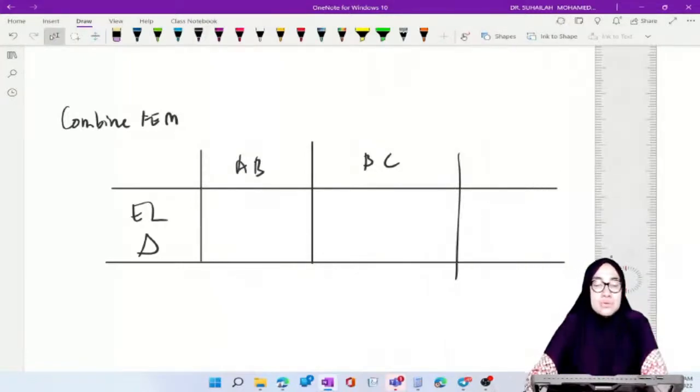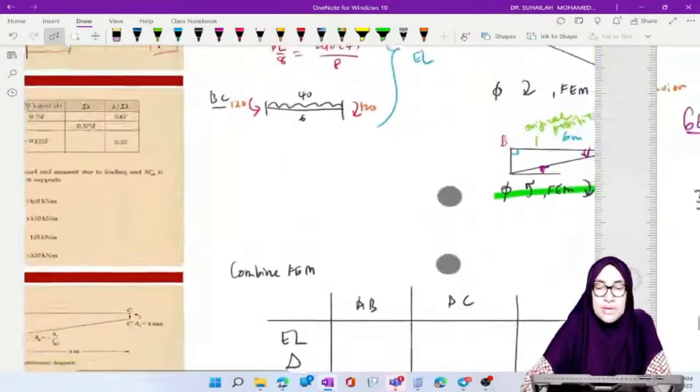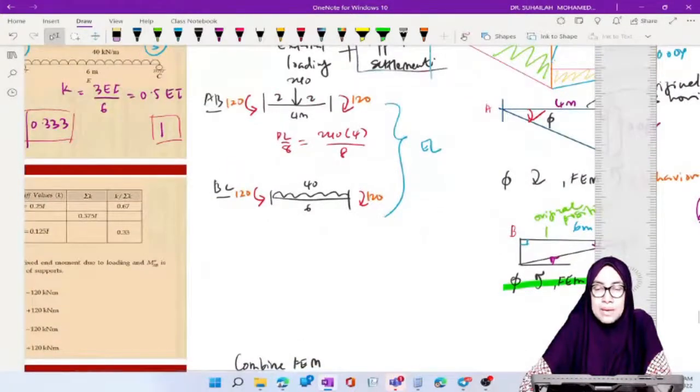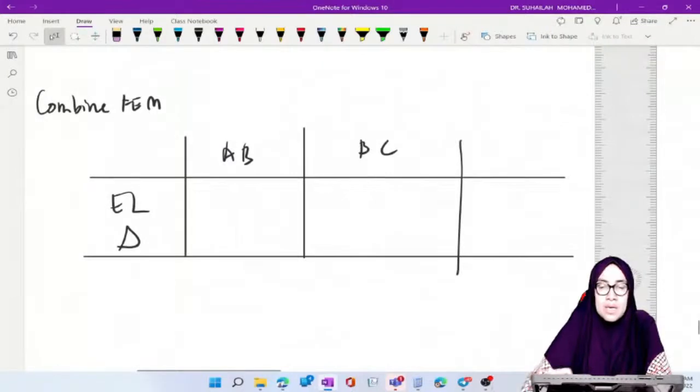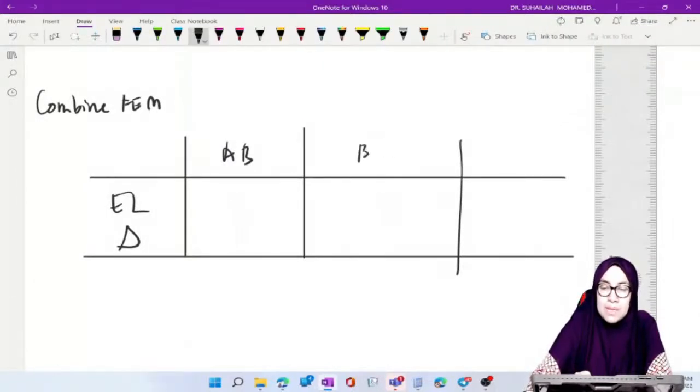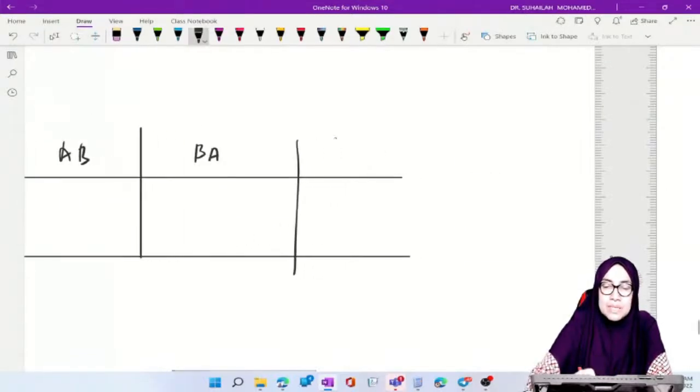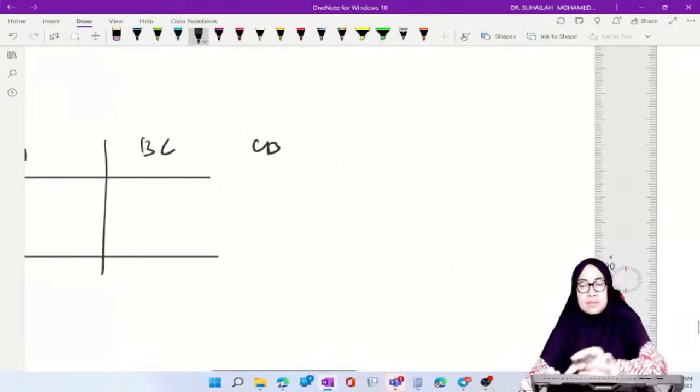So for AB, due to loading, we get 120. AB, BA, BC, CB.